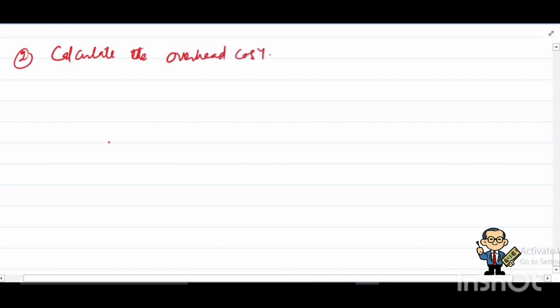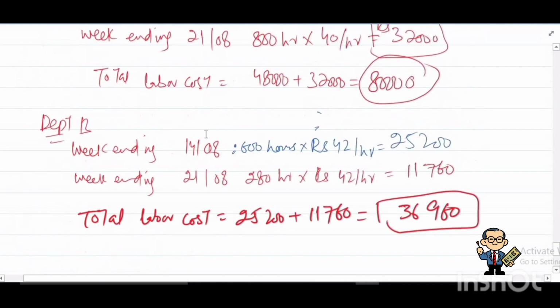The overhead cost for department A. For department A overhead cost, we have in the question applied fixed overhead, and the rate was given.